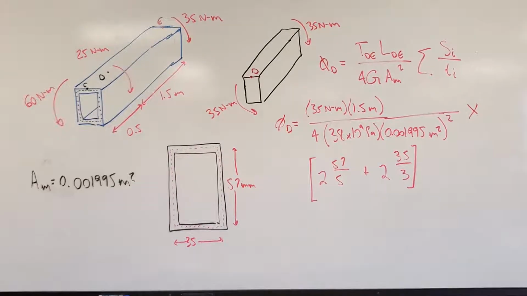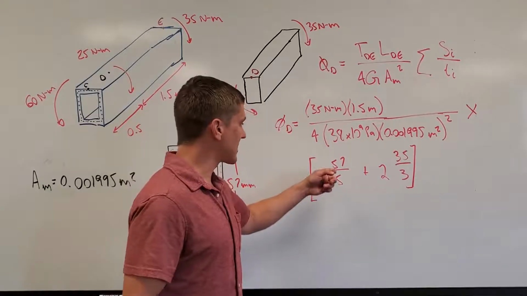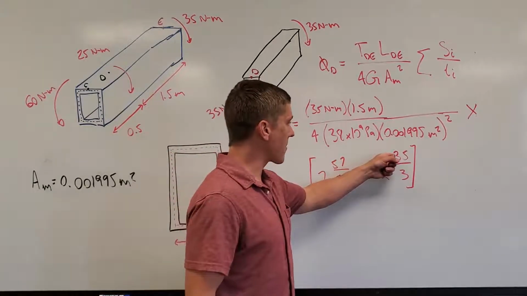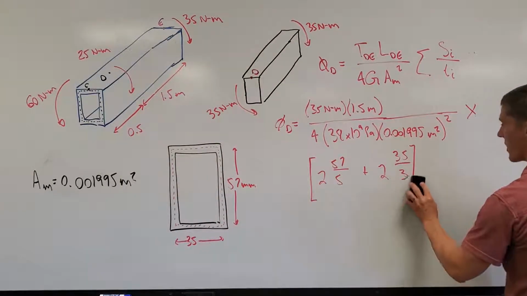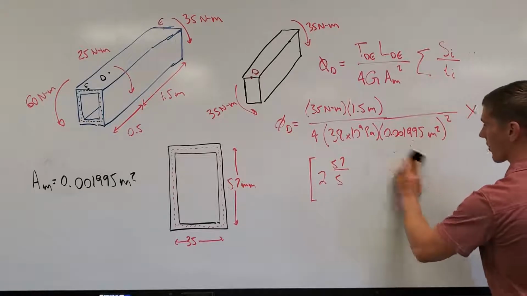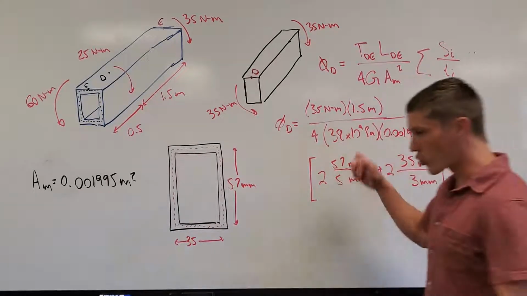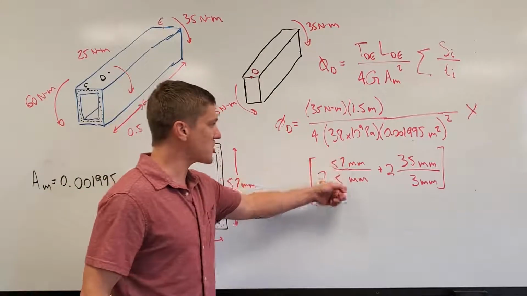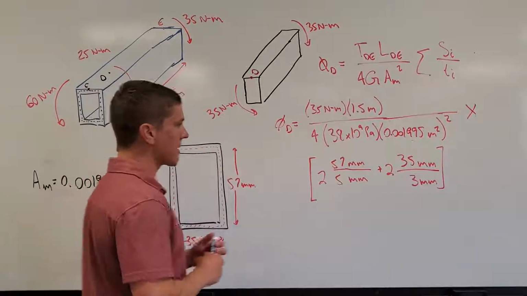Now, I don't want you to freak out here by not converting those millimeters to meters, because I'm dividing millimeters by millimeters. I didn't write that out explicitly, but we can do that just to be a bit more rigorous. I'm only really interested in the ratio of the length to the thickness, because I have a millimeter on the top and a millimeter on the bottom.